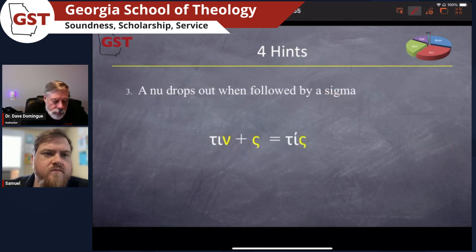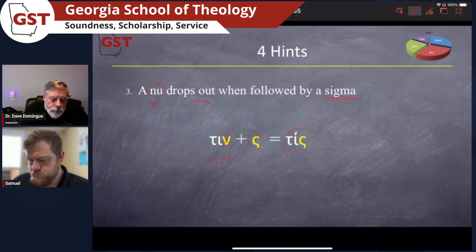Also, another hint is that the nu will drop out when it's followed by a sigma. So a word like tin, which is the stem for a word, plus the sigma, that nu is going to drop out, and you get tis. And that will be the lexical form, but its genitive form will have tenos.